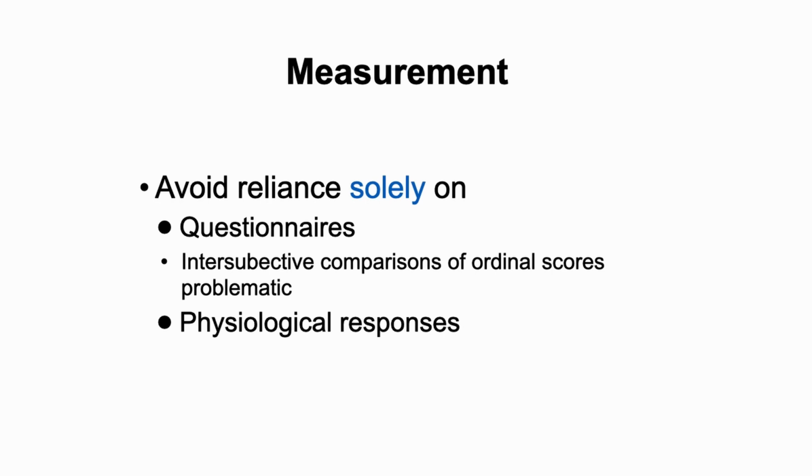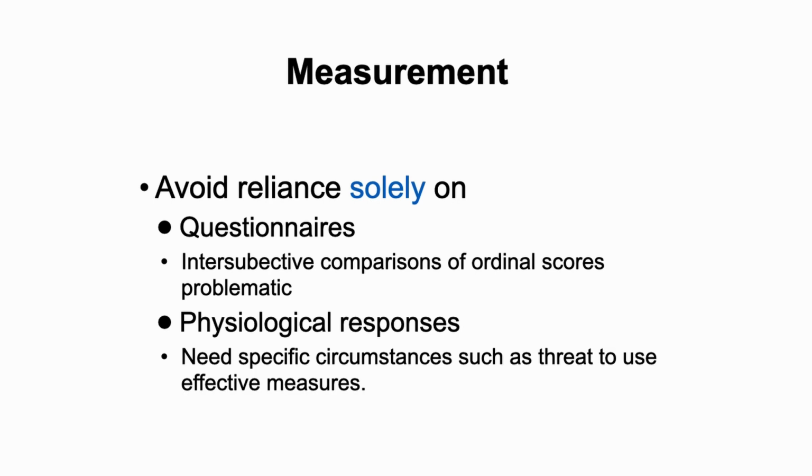So you measure people's physiological responses to an environment, but there you need specific circumstances, such as threat, to use effective measures. For example, what's the physiological response to being in a virtual kitchen where nothing is happening? There's no particular physiological response that you can use to measure place illusion or plausibility.